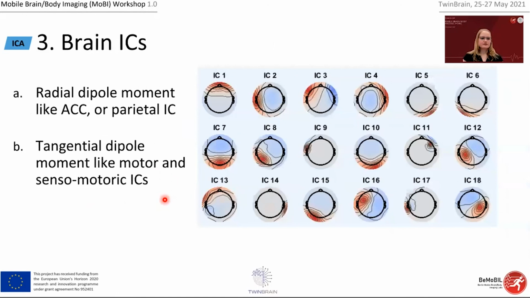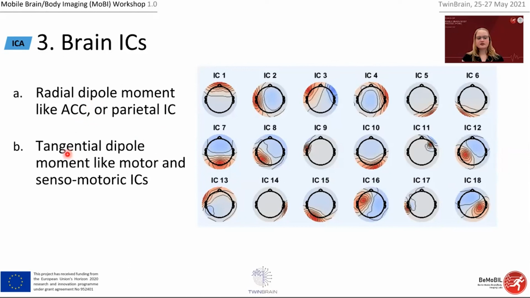two kinds of independent components that most likely represent brain activity. So we usually have some that have a dipole moment that is radial to the scalp, for example, like the anterior cingulate cortex or the parietal cortex, that usually have this orientation.